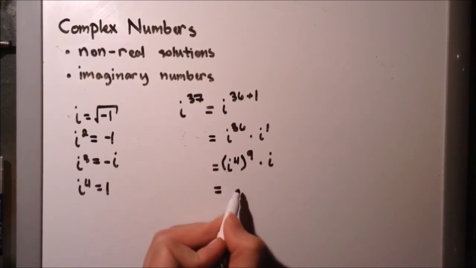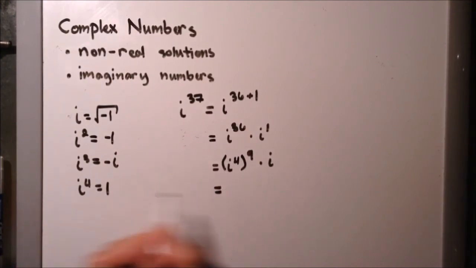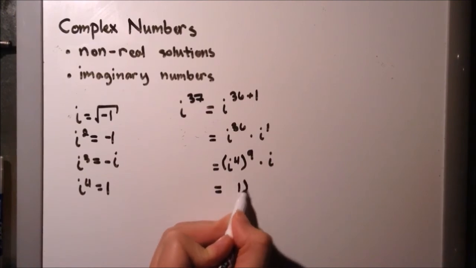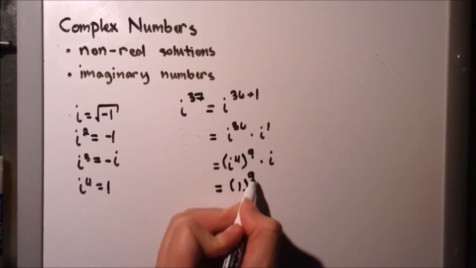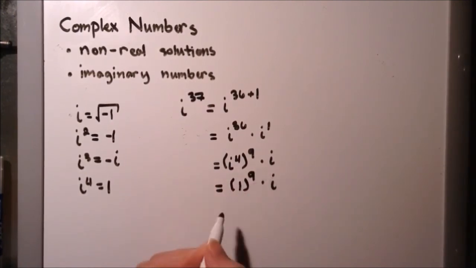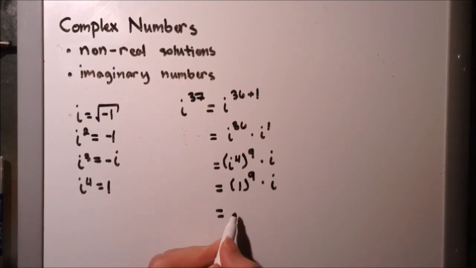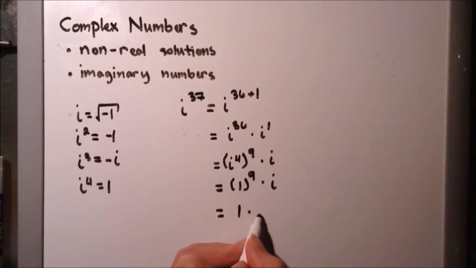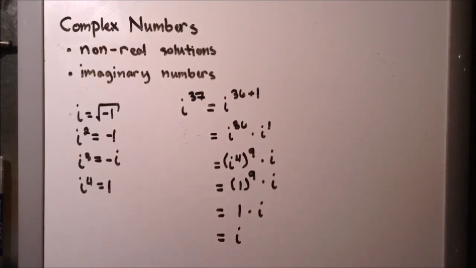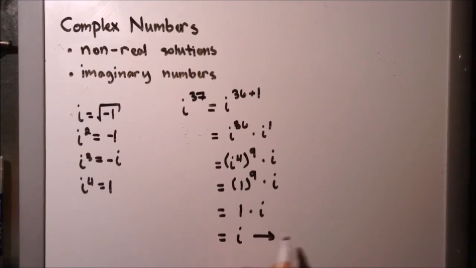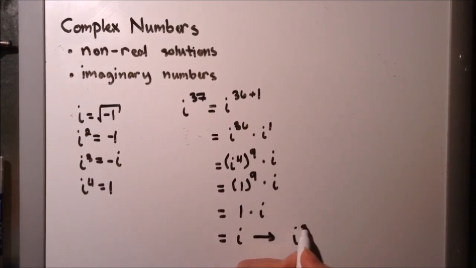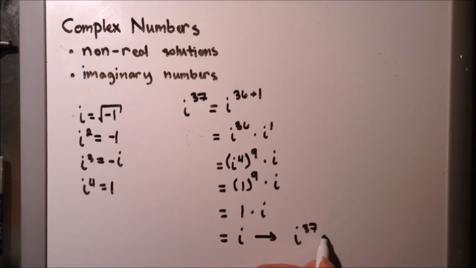And then i to the 4th is simplified into positive 1 raised to the 9th power times i. And then 1 to the 9th power is just positive 1 times i, which is simply i. So, i to the 37th power simplifies, at the very end, to just i.